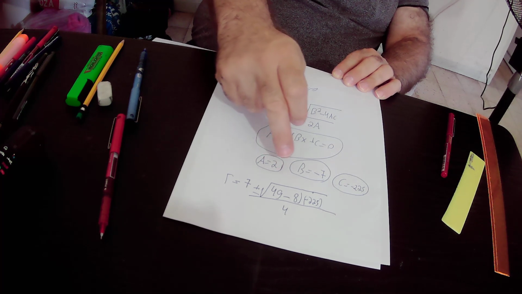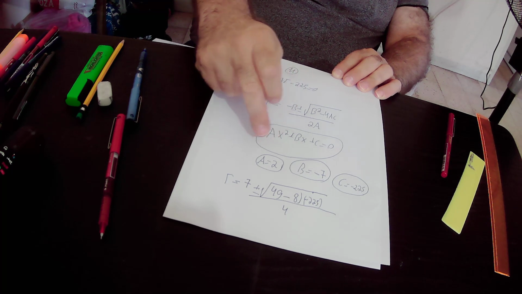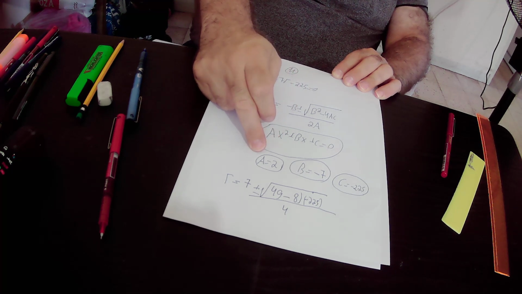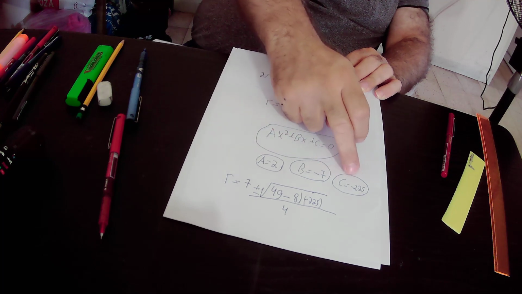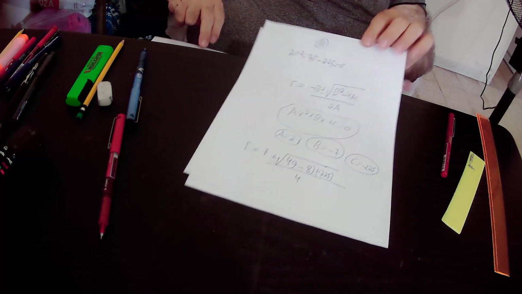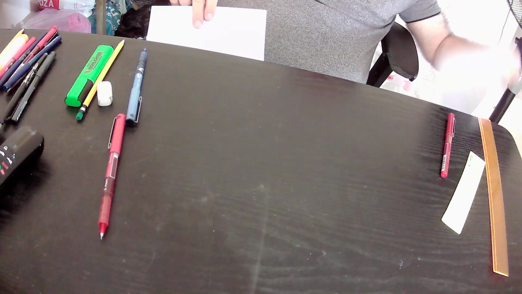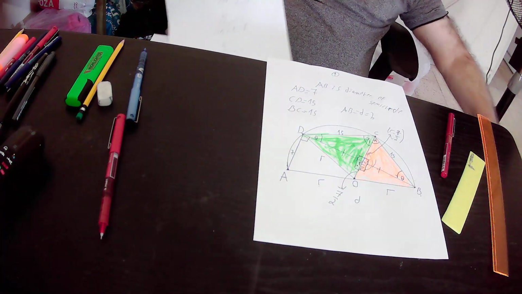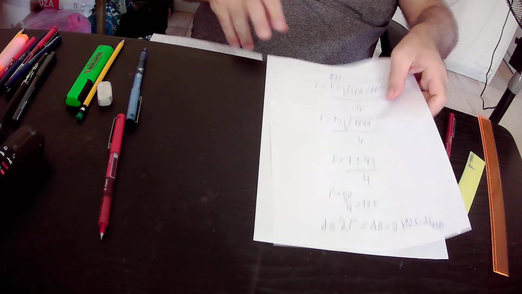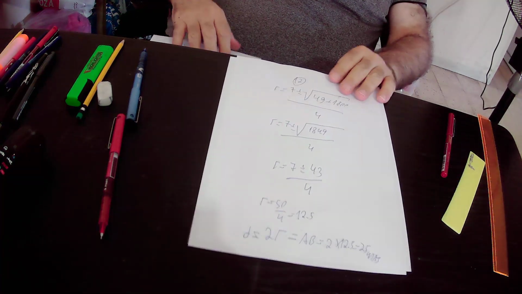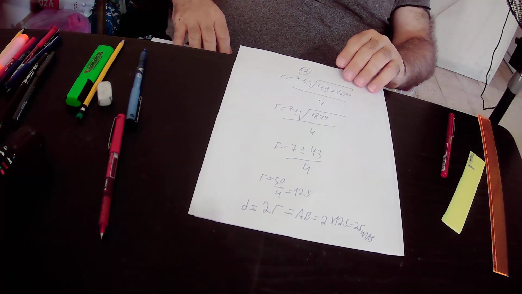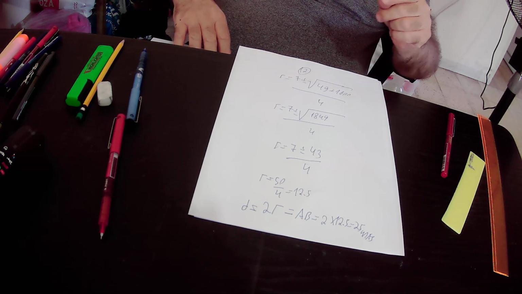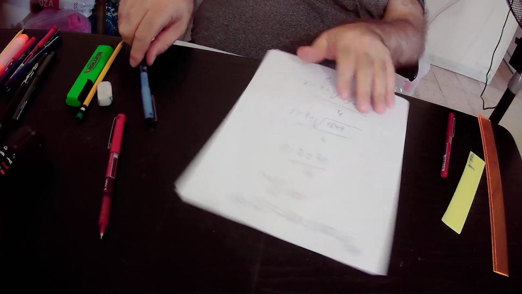Minus 4 times a times c: 4 times 2 is 8, times 225. So in total, by solving this quadratic equation, we found that the radius of the semicircle equals 12.5 units.